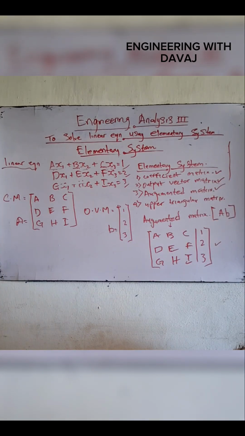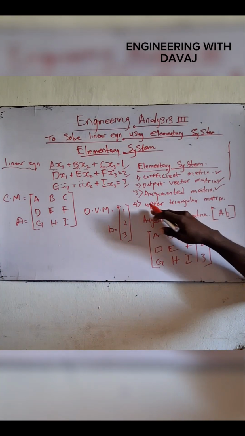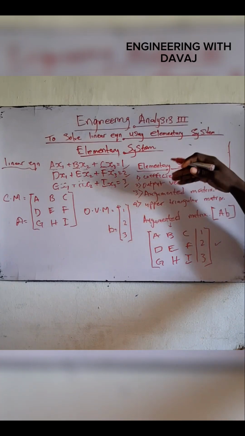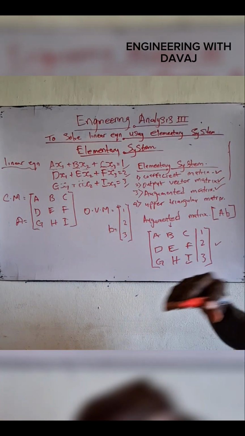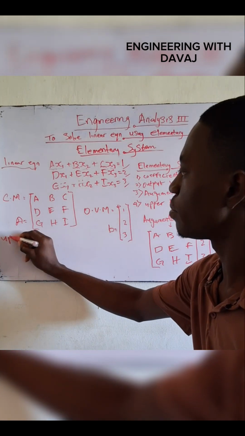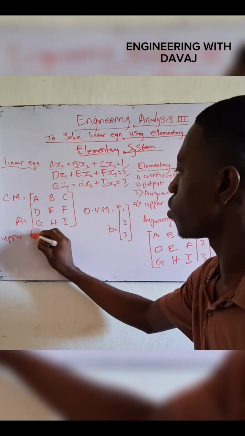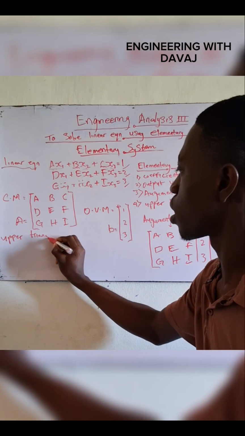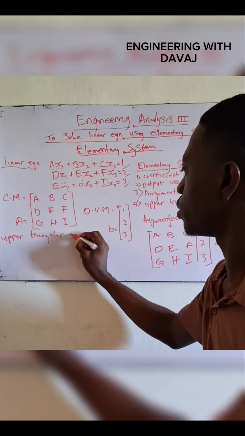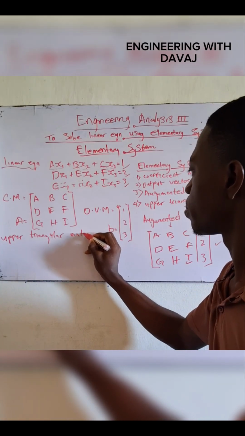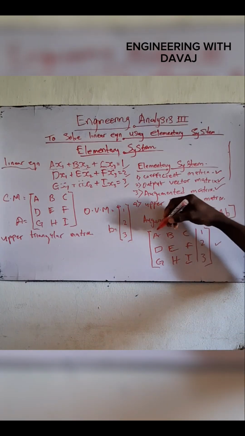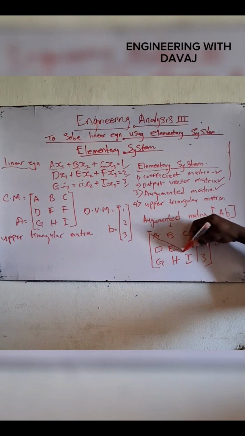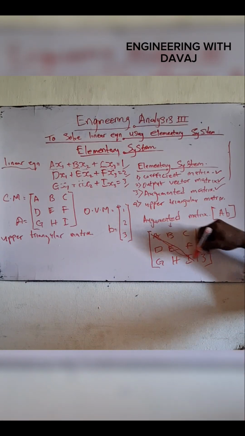The next step is to make the augmented matrix an upper triangular matrix by performing some operations. So what do I mean by upper triangular matrix? Look at this, we have a diagonal here.